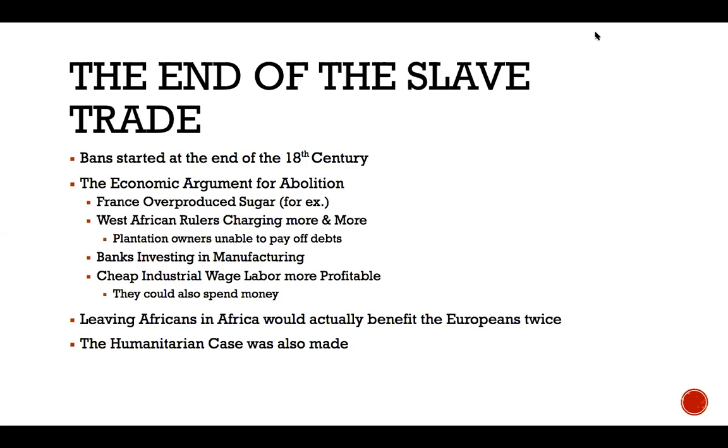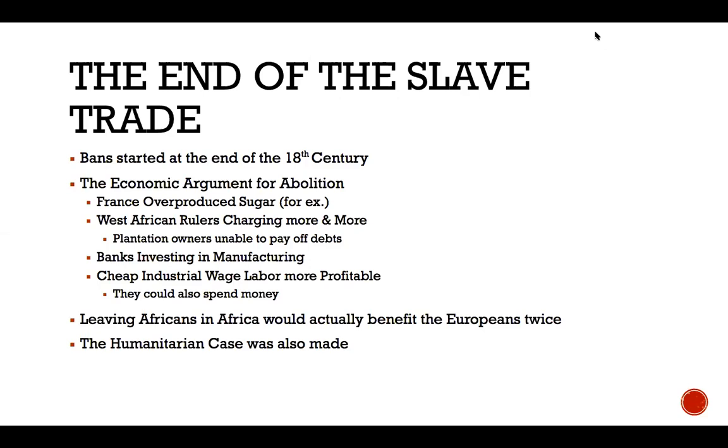So these bans, based on the reasons we'll explain shortly, begin at the end of the 18th century with the northern U.S. states who had started banning the institution of slavery towards the end of the 18th century. We see Denmark banned citizens from engaging in the trade in 1803.